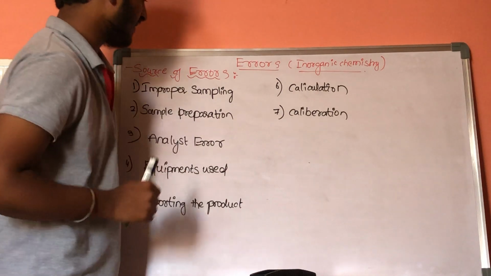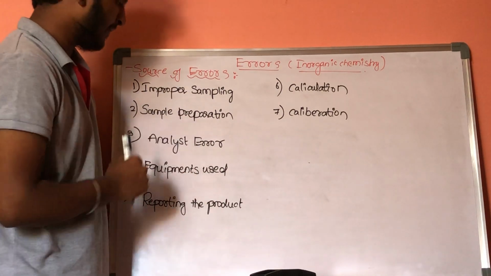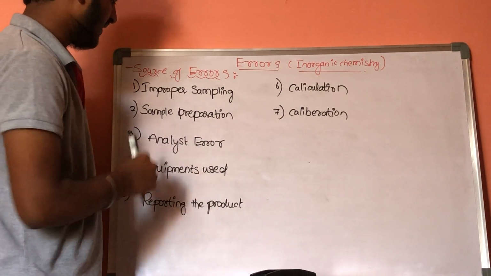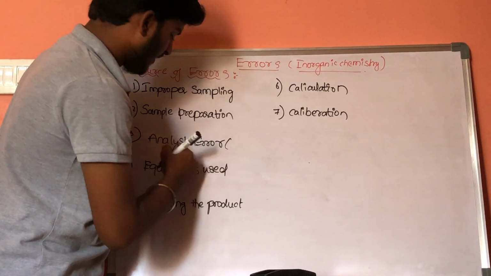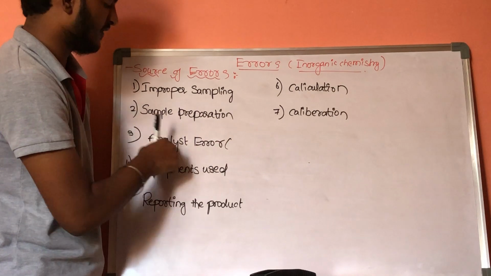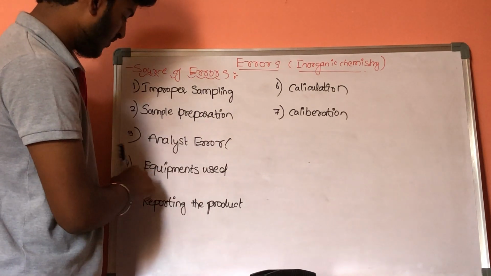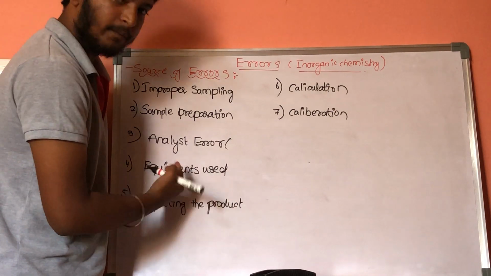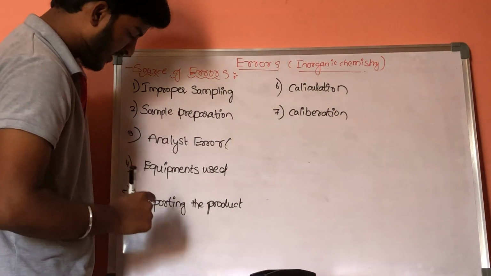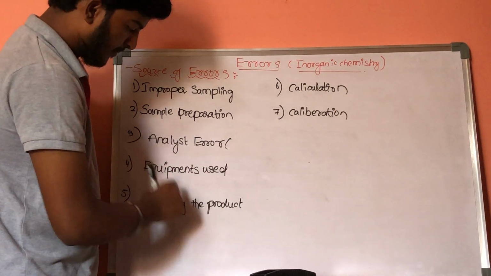First one is improper sampling. Second one is sample preparation. The third one is analyst error, the error which is caused because of the analyst. Fourth one is equipments used, the error caused by the equipments. Fifth is reporting the product.